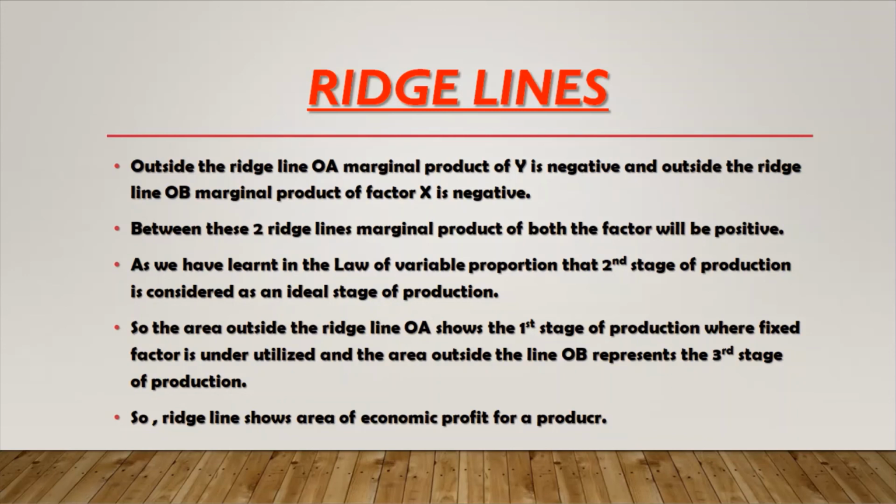The area outside the ridge line OA shows the first stage of production where the fixed factor is underutilized, and the area outside the line OB represents the third stage of production. So the ridge line shows the area of economic profit for a producer. Thank you. That's all for today's video.